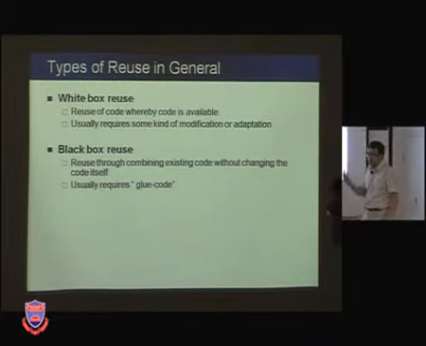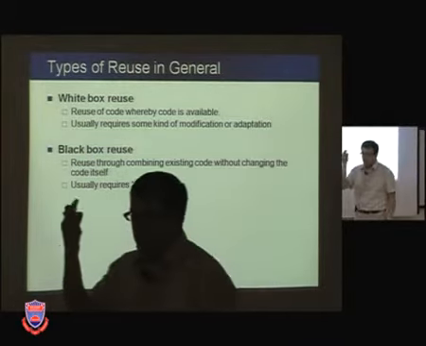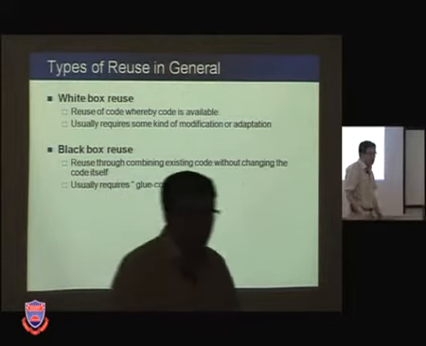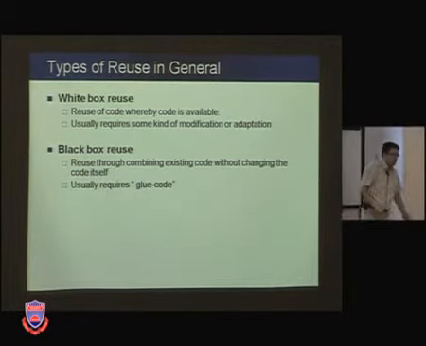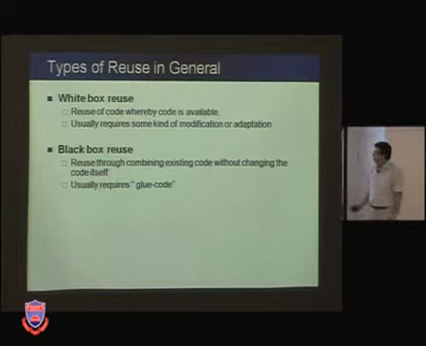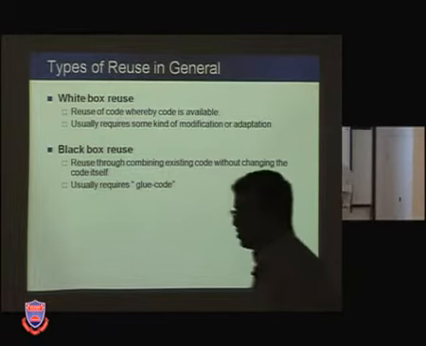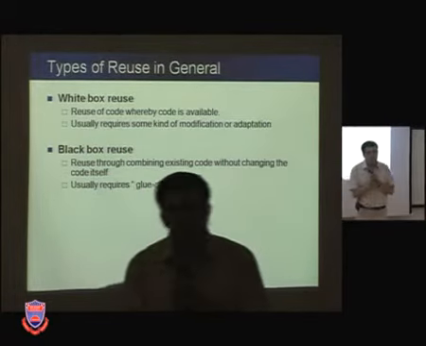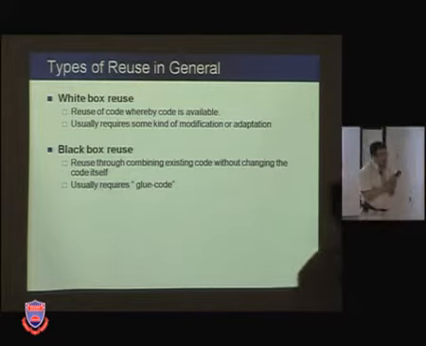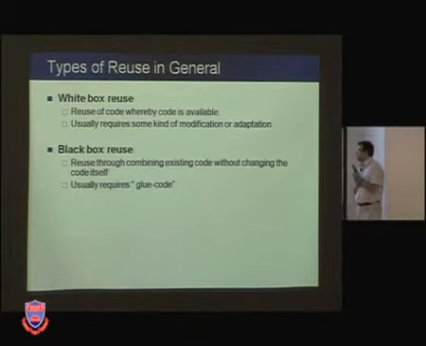For example, we can view the classes, the operations, the attributes. So it's a white box. In black box, we cannot look into the internal details. We can usually use just the external interface.